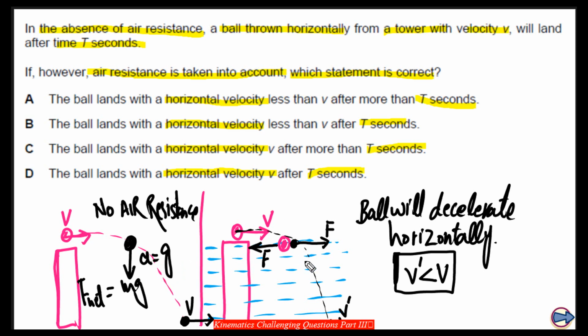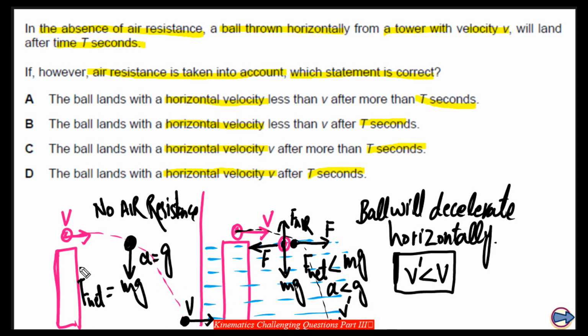Now, in this case there is resistance, so the force acting down is still mg, but there will also be a force acting up, which is the resistance. So F net will be less than mg, and also we can say a will be less than g.